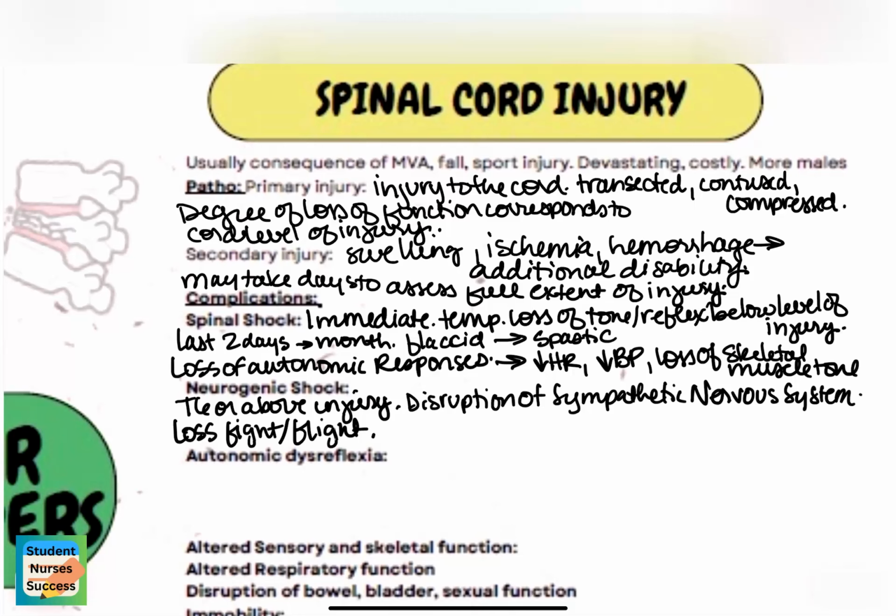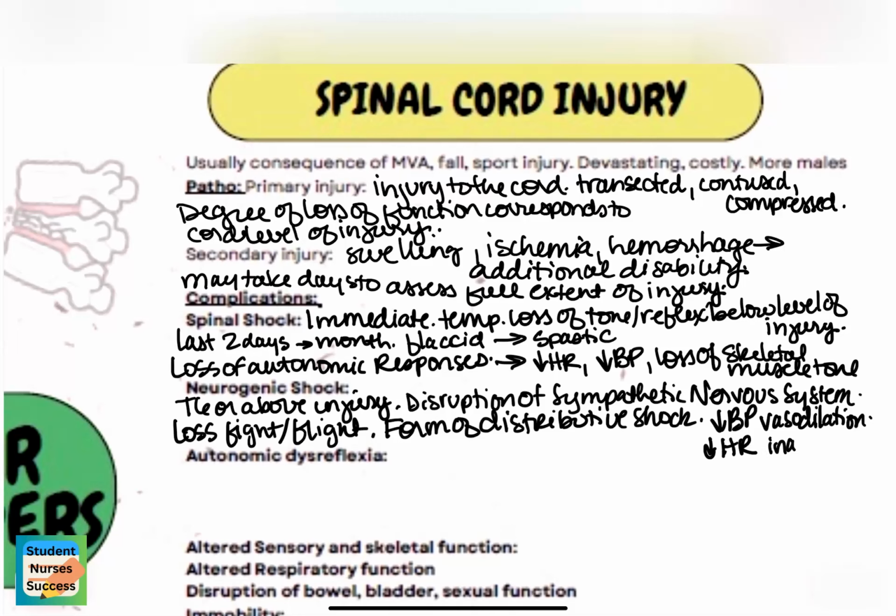We also know that neurogenic shock is a form of distributive shock. Therefore, the symptoms that we see are low blood pressure or hypotension from massive vasodilation, bradycardia, and also maybe the inability to sweat, or some loss of thermoregulatory control.